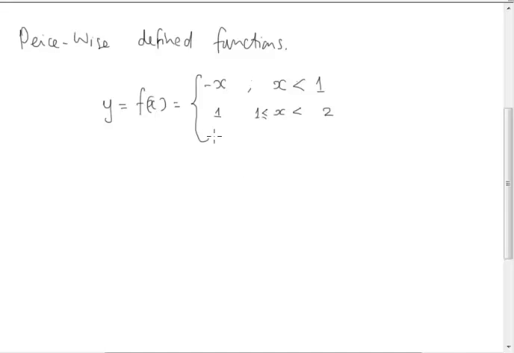And then I'll say f of x is equal to x when x is between, let me say, infinity there, then here less or equal, greater or equal to 2.